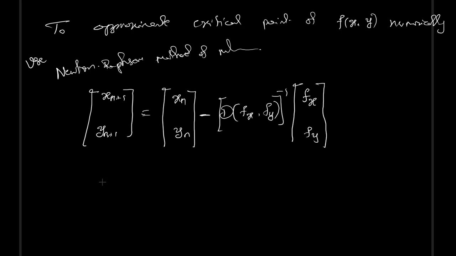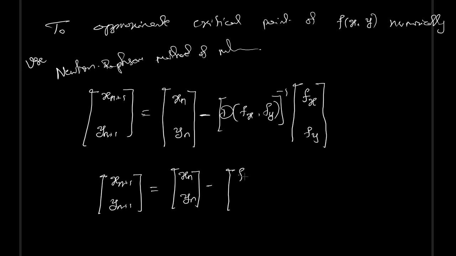You may write it like this: xn plus 1, yn plus 1 equals xn, yn minus the Hessian matrix fxx, fxy, fyx, fyy, its inverse multiplied with fx and fy.